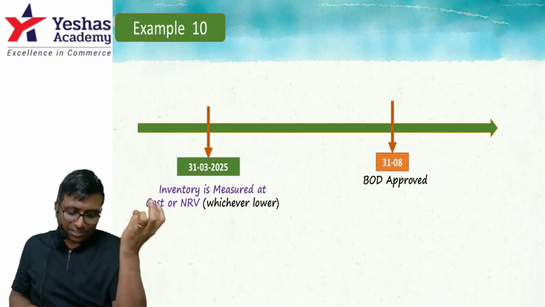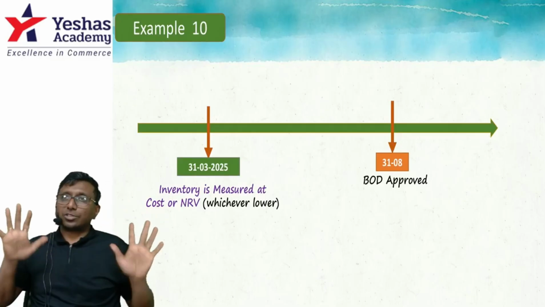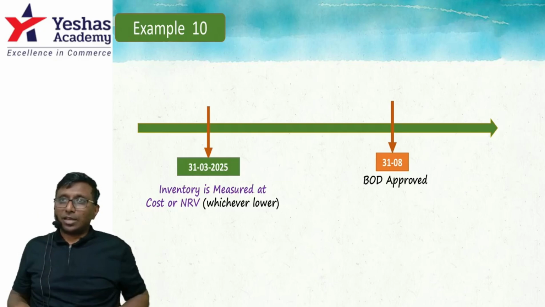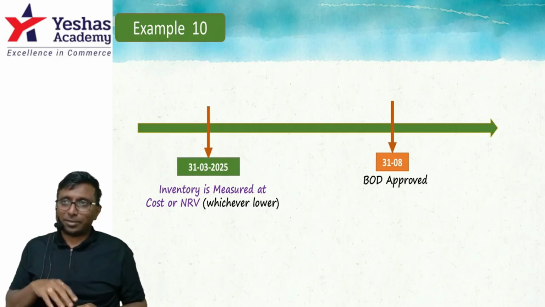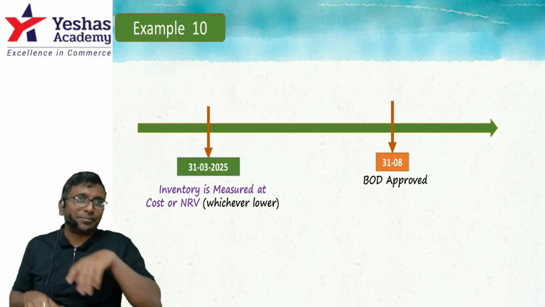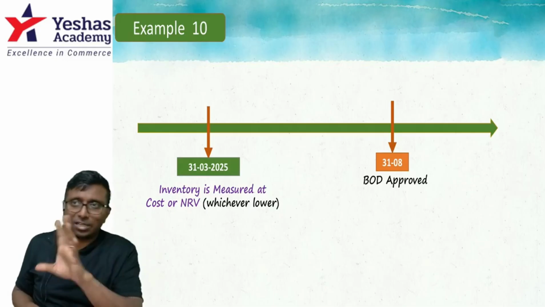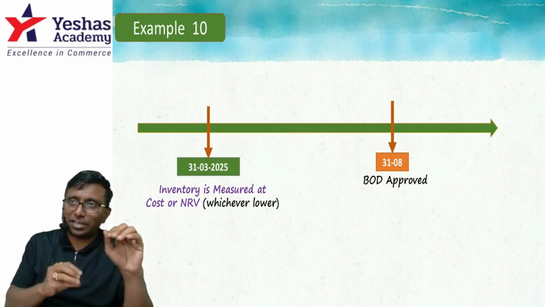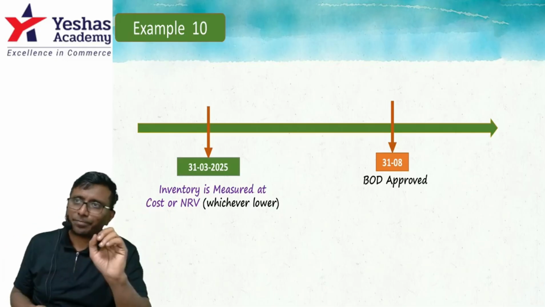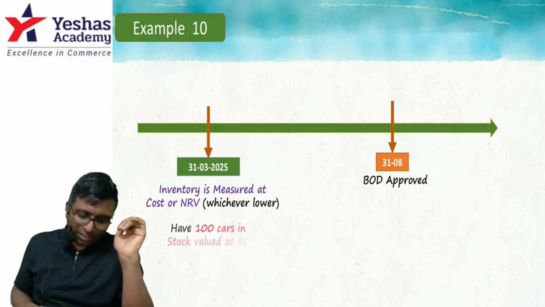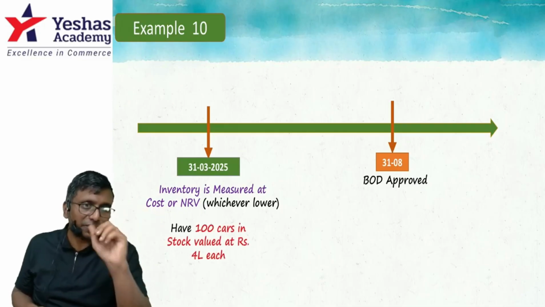Example number 10. Now look at this, it is a very good question. I expect you will make a mistake. Prove me wrong, I'll be happy. Try. We have inventory. Inventory is measured at cost or NRV, whichever is lower, as per Ind AS 2 or AS 2, the number is the same. What else do you have? You have some 100 cars in finished goods.